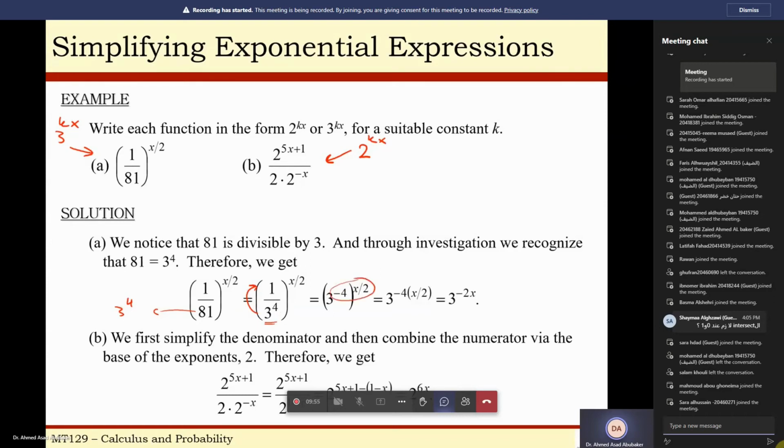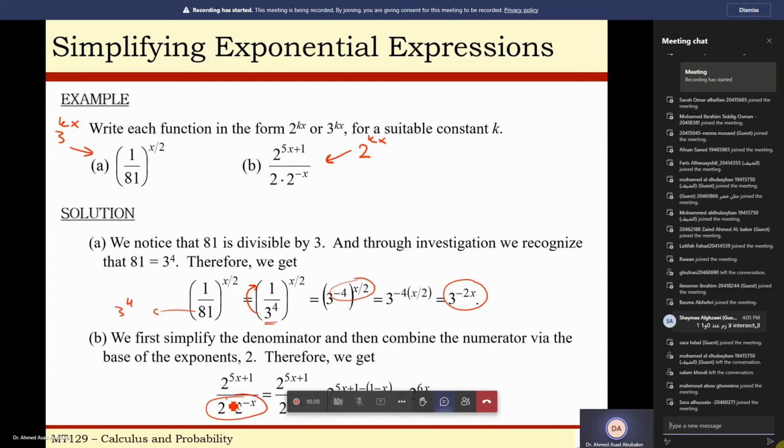After simplifying, we can multiply the two powers. We have 3 to the power negative 2x, because we have minus 4x over 2. This is negative 2x.